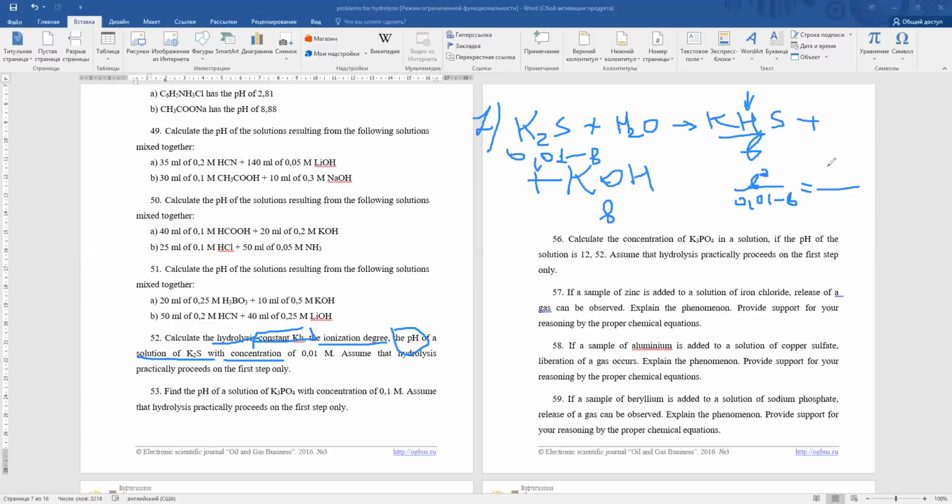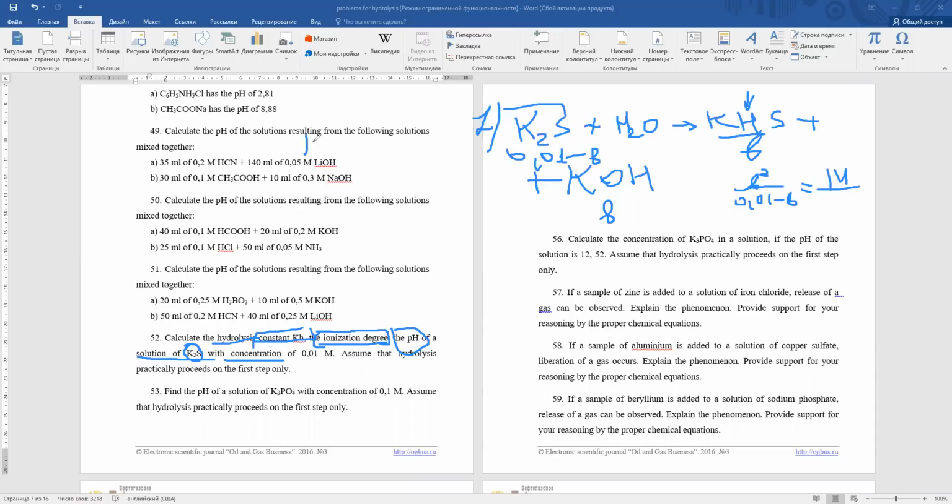Now Kw. How do I find ionization degree? You showed me how to find hydrolyzation degree. Yeah, the ionization degree, you know, the ionization comes first before the hydrolysis. In the hydrolysis, the salt parts can participate in the ionic form.